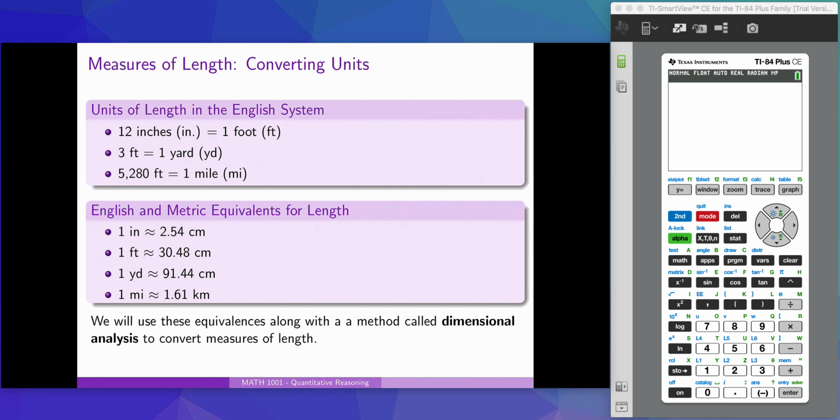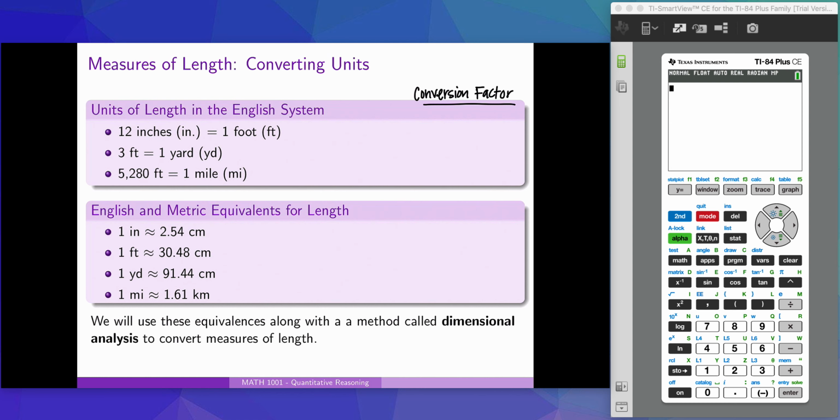We will use these equivalences along with a method called dimensional analysis to convert measures of length. To be able to do this dimensional analysis, though, we need to have what we call conversion factors. A conversion factor is just a fancy way of writing the number 1 as a fraction.